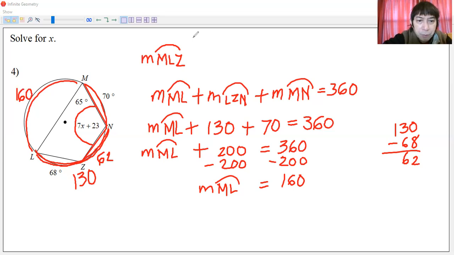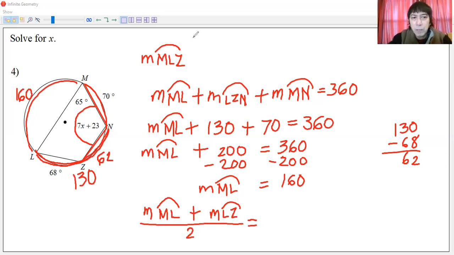Arc ML plus arc LZ, and then half of this is equal to the measure of the angle MNZ, and this is our working formula.